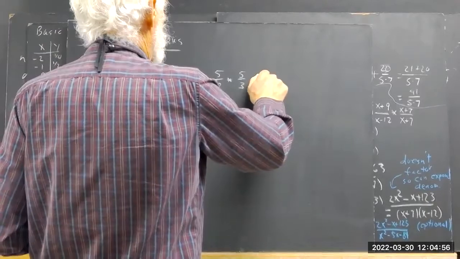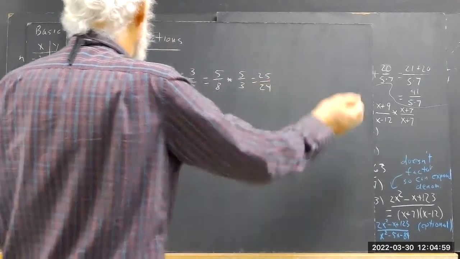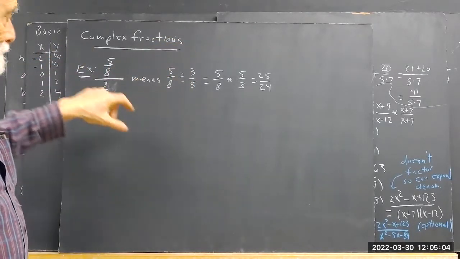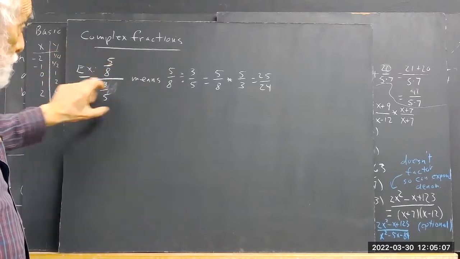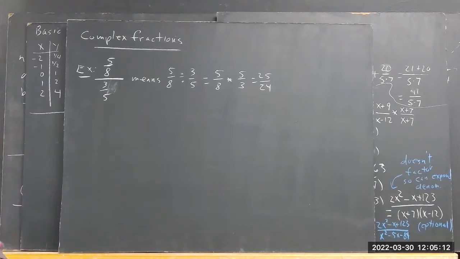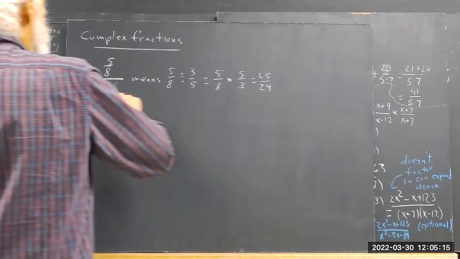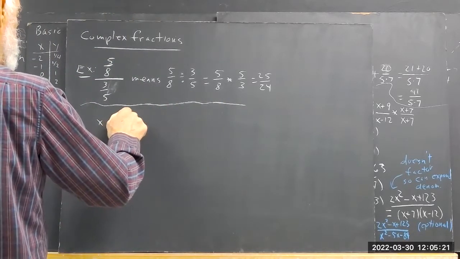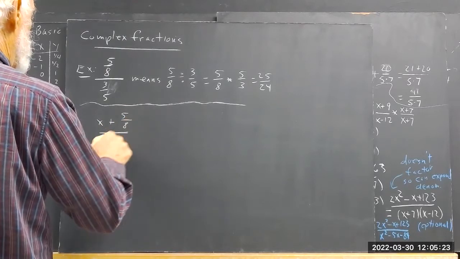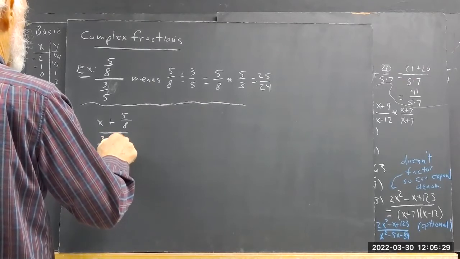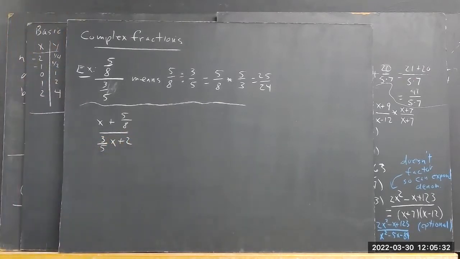So that's 25 over 24 in the last step. What you need to see is this divided by this, or this over this means this divided by this, and division is multiplication by the reciprocal. First thing you've got to understand. Okay, let's apply that idea to this thing here. Okay.